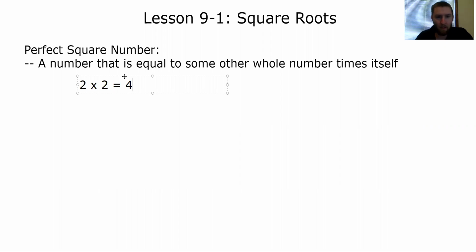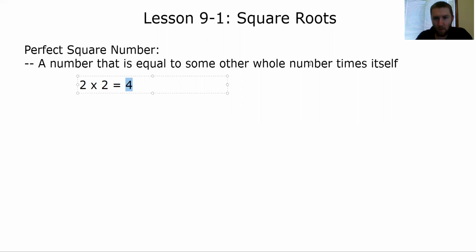One of the first things that we learn in math class. 2 times 2 is 4. So what that means is because 2 multiplied by itself, 2 times 2 equals 4, that makes 4 a perfect square number. Okay, so 4 is a perfect square number.